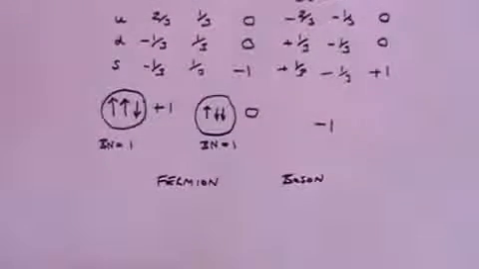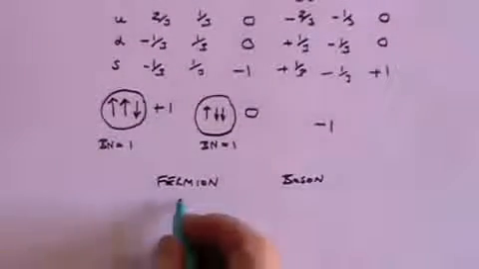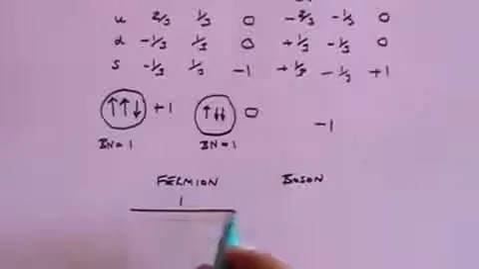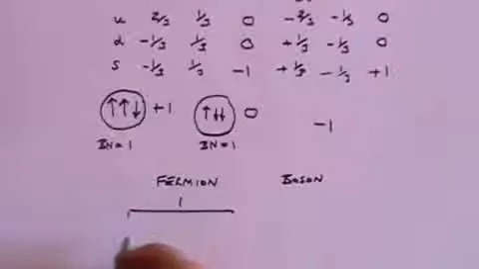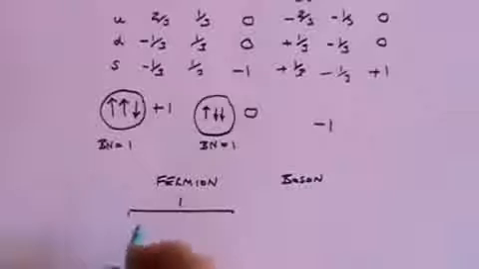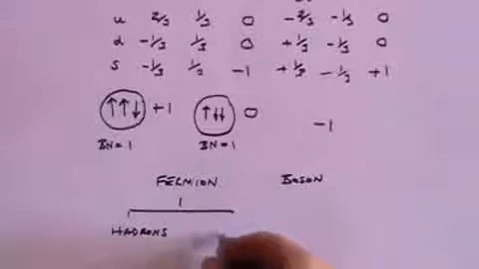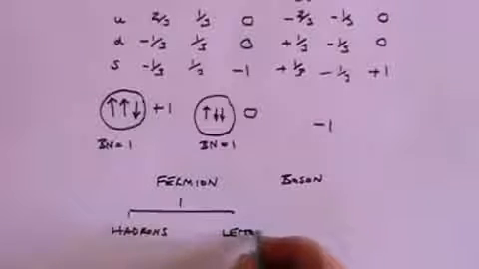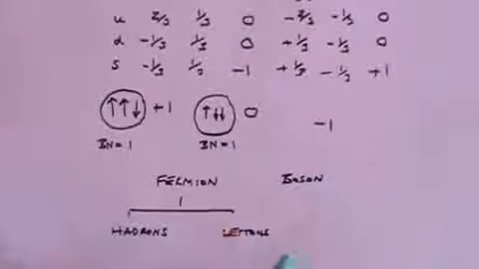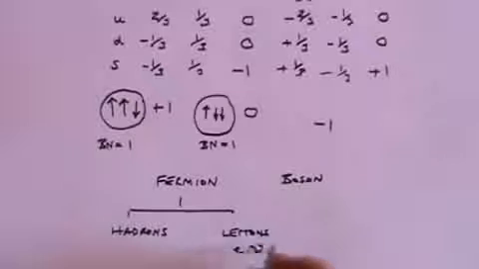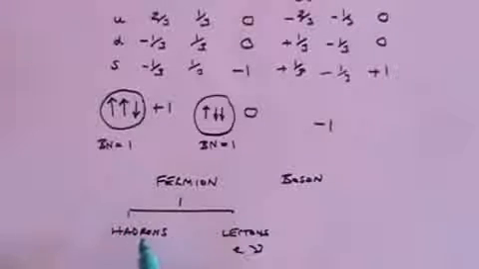Now fermions are divided into two quite distinct types. One is called hadrons, and the other is called leptons. Leptons, remember, were the electrons and the neutrinos. They, incidentally, do not feel the strong nuclear force, but hadrons do.